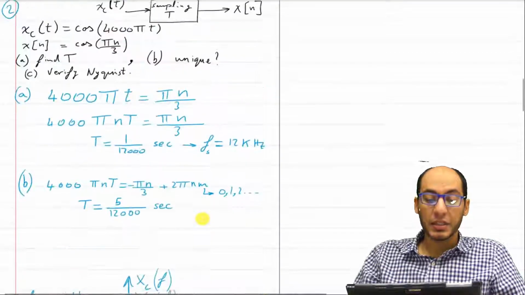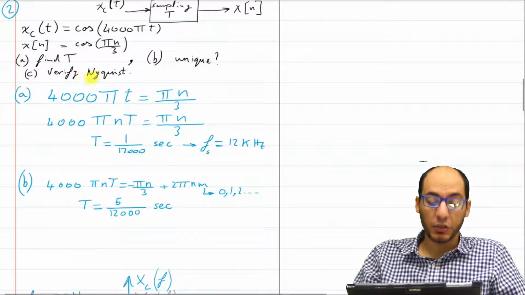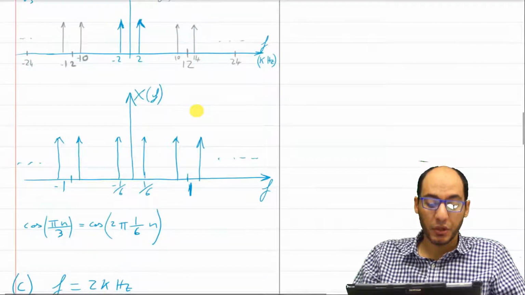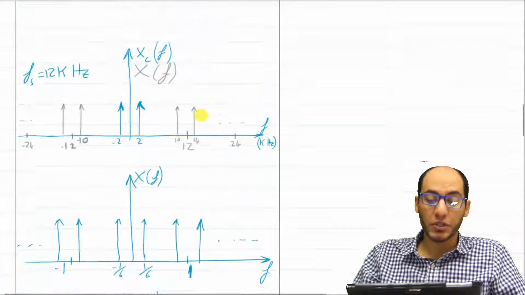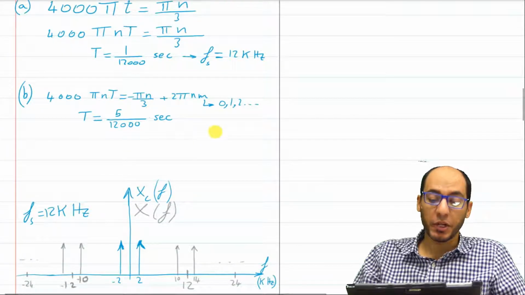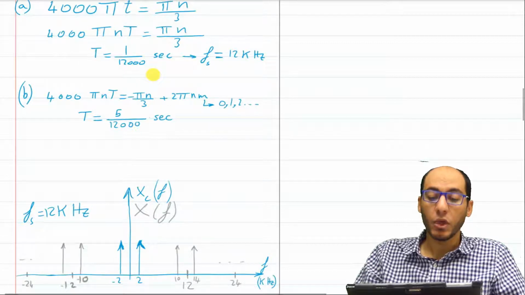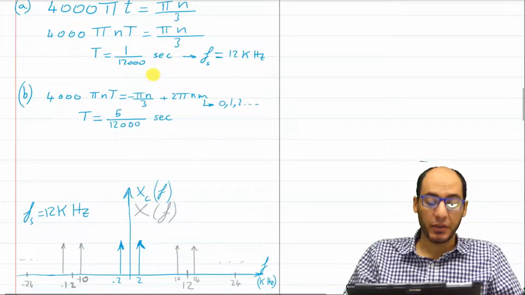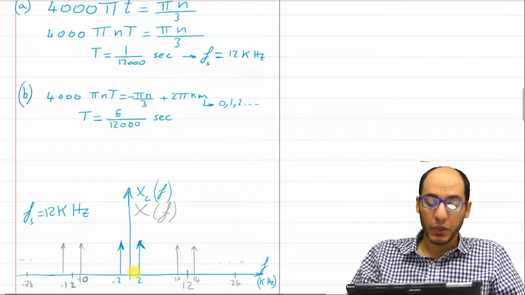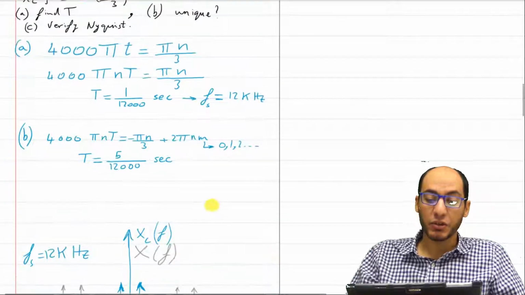Let's have a look at Nyquist. We would like to verify Nyquist. So if you verify Nyquist, let's first do the plotting for the case of T equals 1 over 12 kilohertz. How do we plot that? Well, you have a 2 kilohertz signal, and that's the continuous signal.